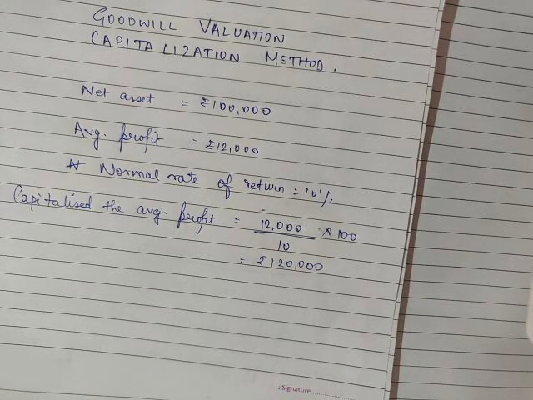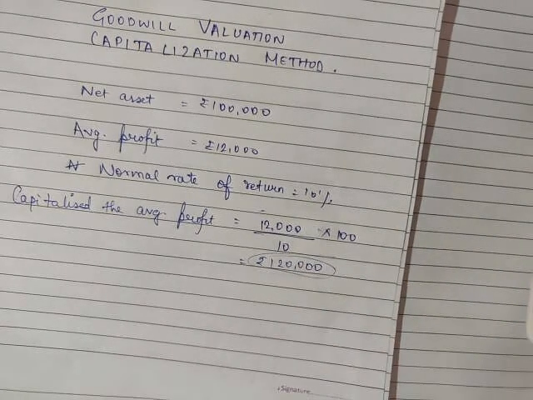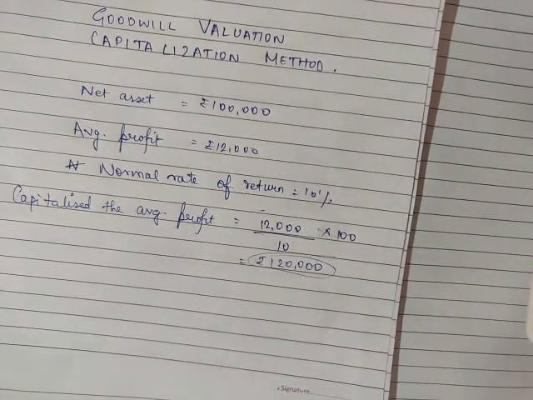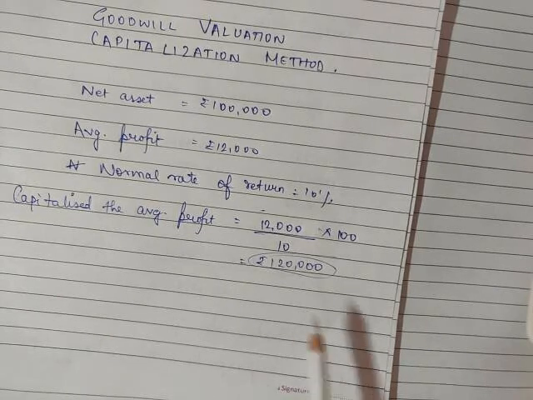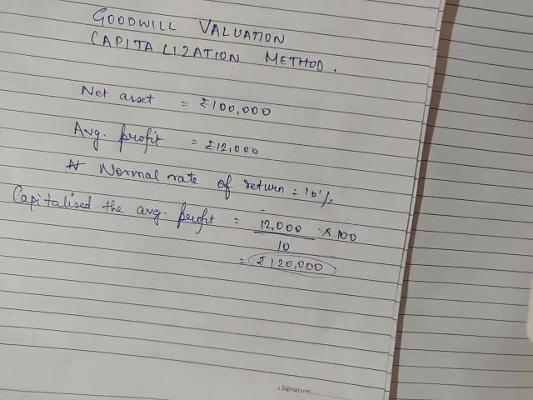Over here, we are using the normal rate of return to find out what the capital employed will be if the firm earns the normal rate of profit. So if the firm's capital employed is 1,20,000 and the normal rate of return is 10%, then the normal profit would have been 12,000 rupees.